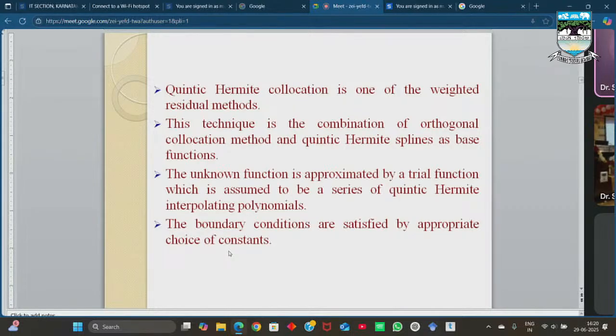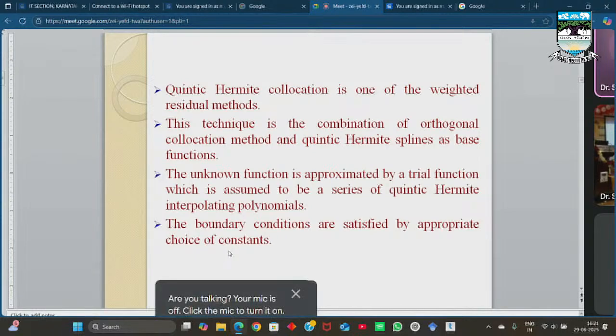The unknown function is approximated by a trial function which is assumed to be a series of quintic Hermite interpolating polynomials. The boundary conditions are satisfied by the appropriate choice of constants.